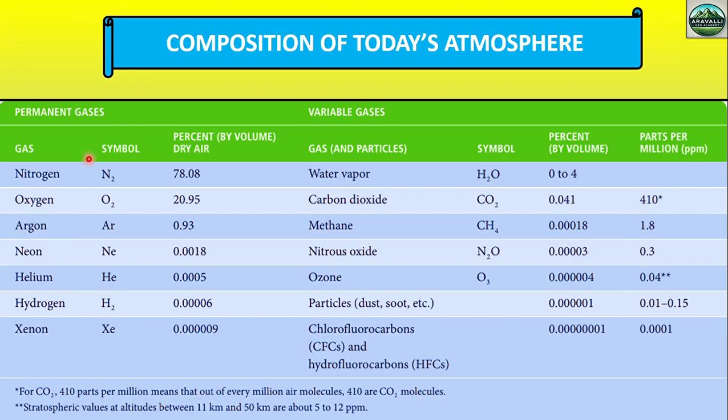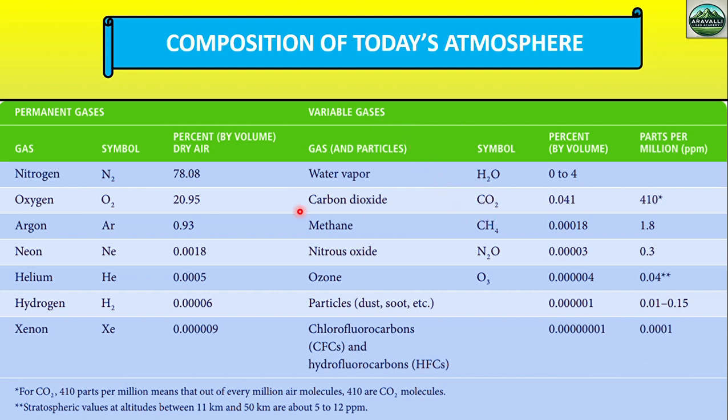There are two types of gases present in our atmosphere: permanent gases and variable gases. Permanent means the concentration of these gases is permanent in the atmosphere, while variable means the concentration changes with respect to time.